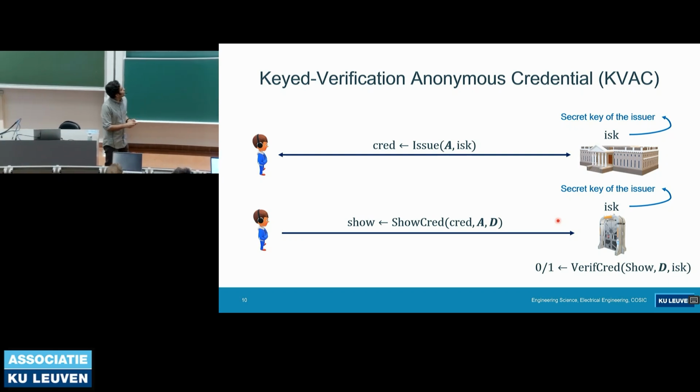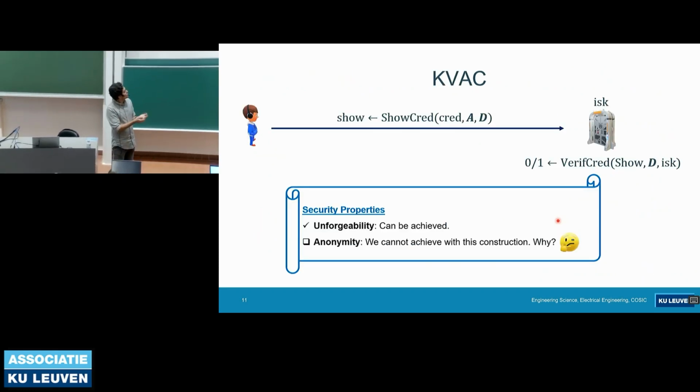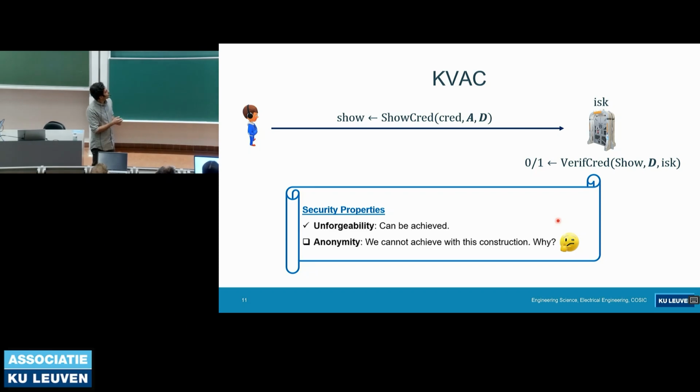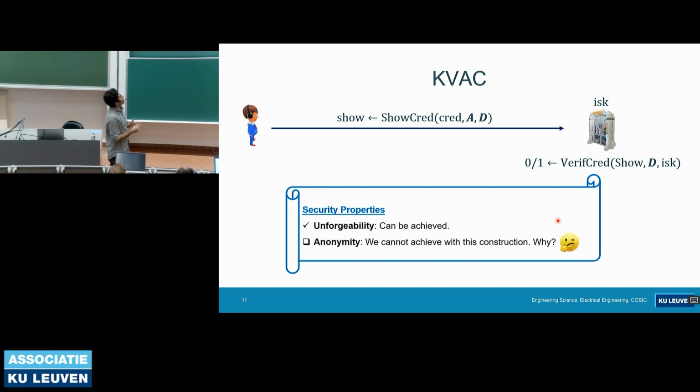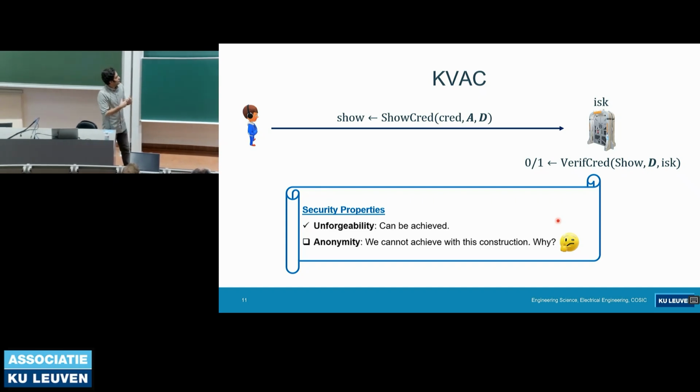So we want to see if this simple construction leads to a secure KVAC or not. As you can see in the next slide, it's not going to happen, because unforgeability can be achieved, but the problem is that with this construction we cannot achieve anonymity.